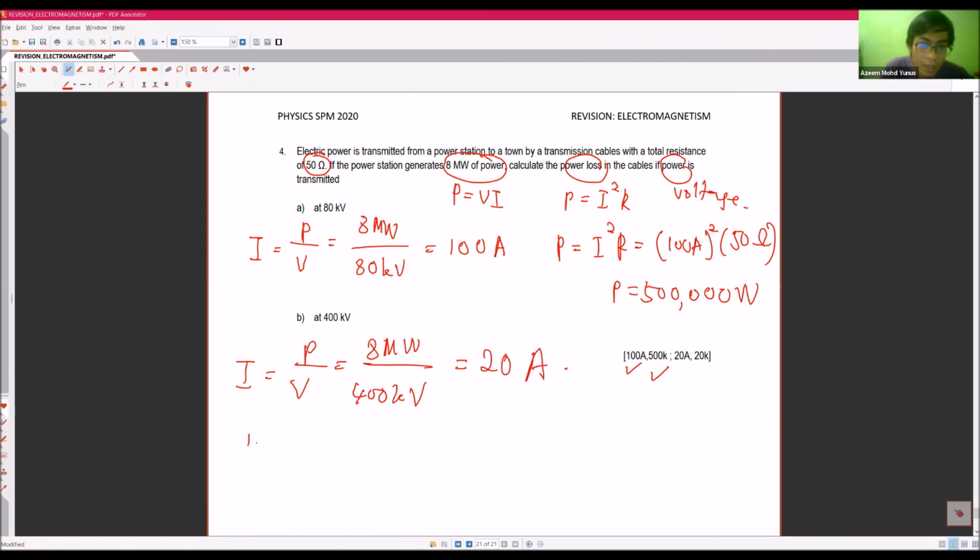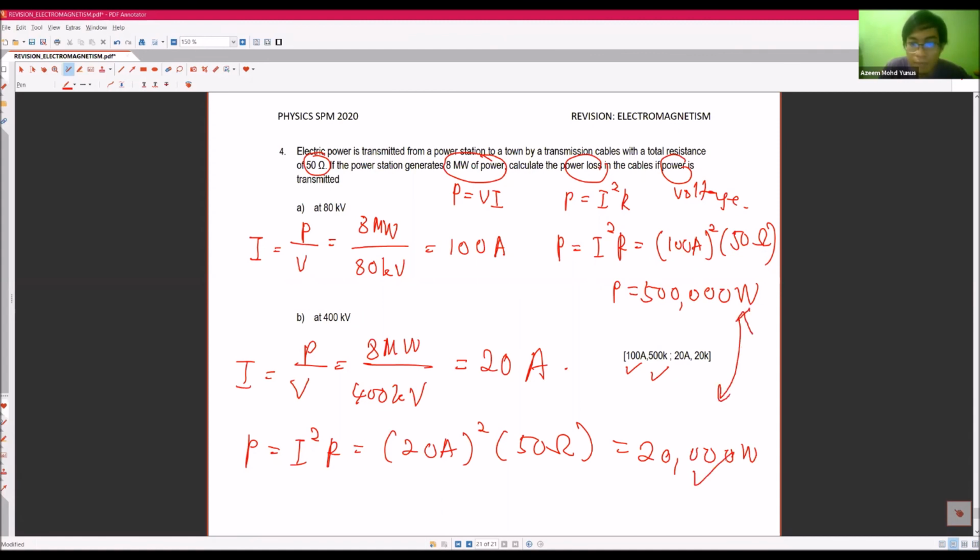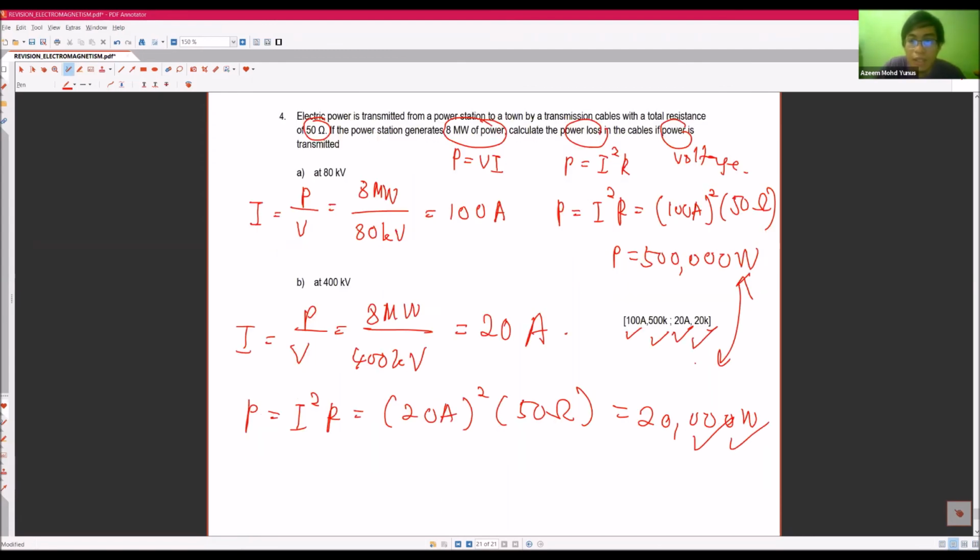It becomes 20 ampere, then the power loss is going to be reduced significantly as well. Okay, you almost cannot believe it. 20,000 watt. Again, as compared to 500, we get a lesser value. So 20 ohm at 20 ampere and 20 K.